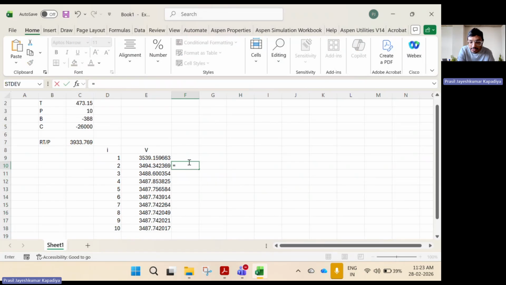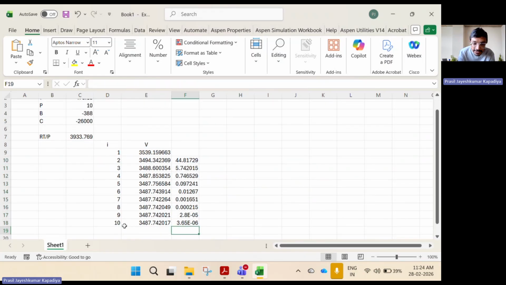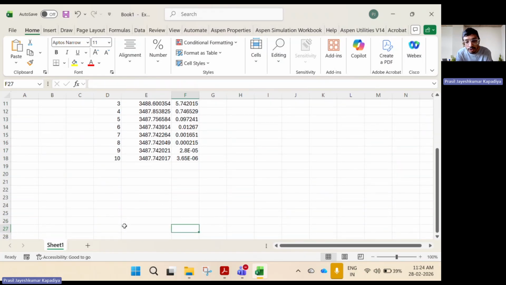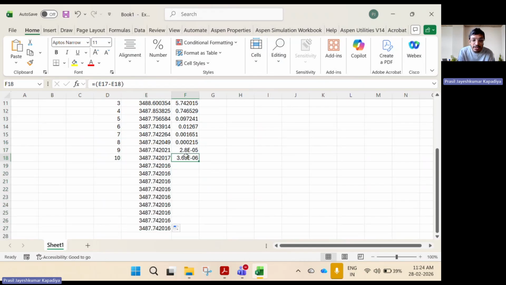If we see the difference between the earlier value and the new value, first it was 44. If we keep increasing, the difference is going to be very less, but that is not going to make any sense, because we have anyway achieved a very small difference.